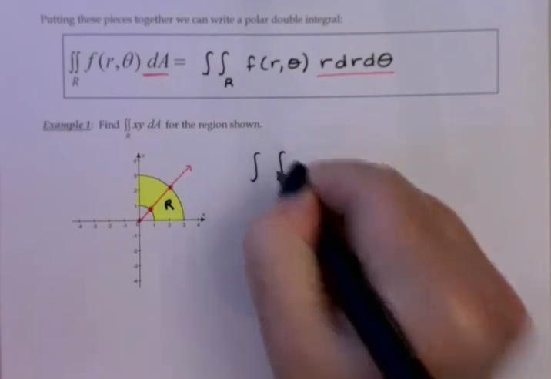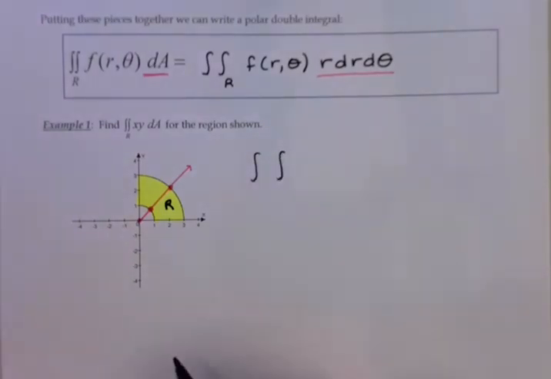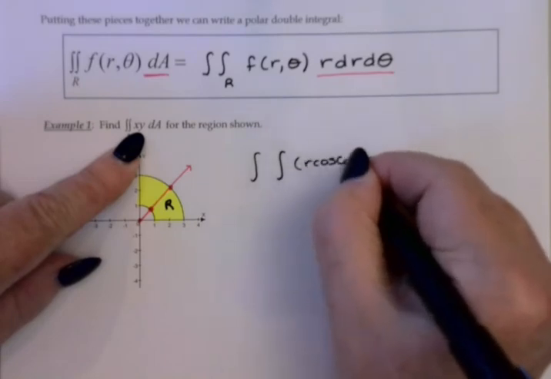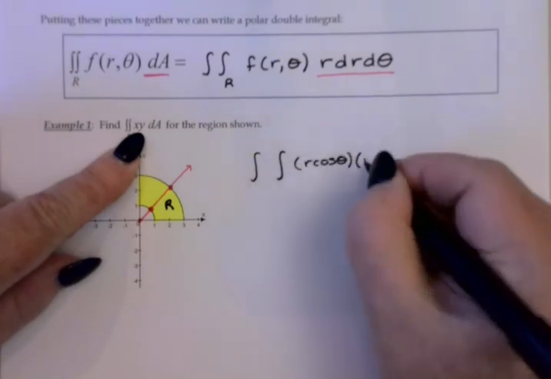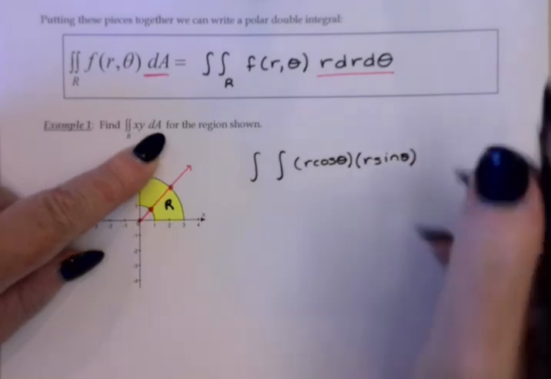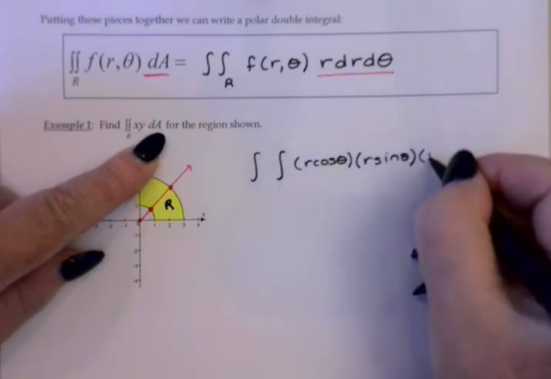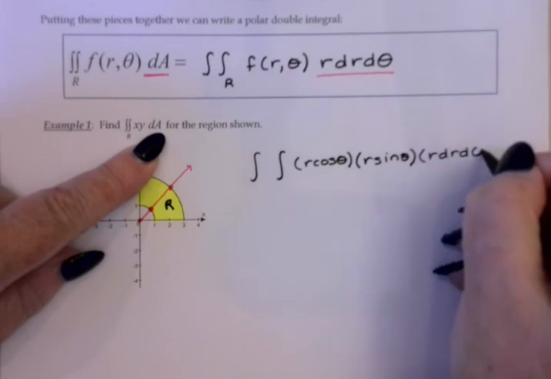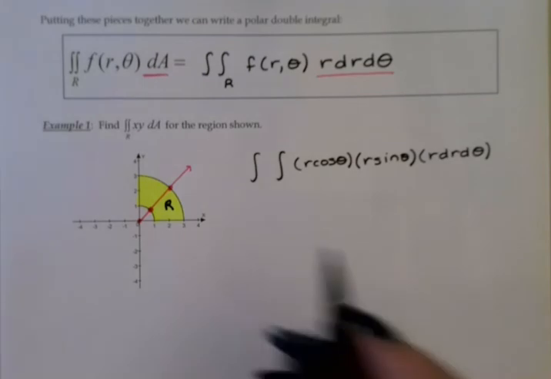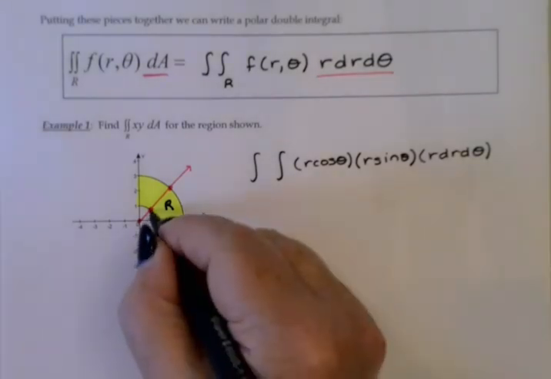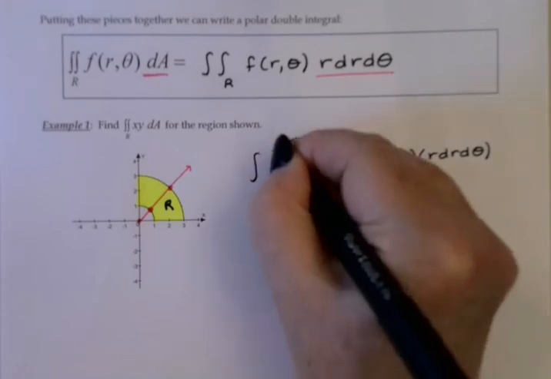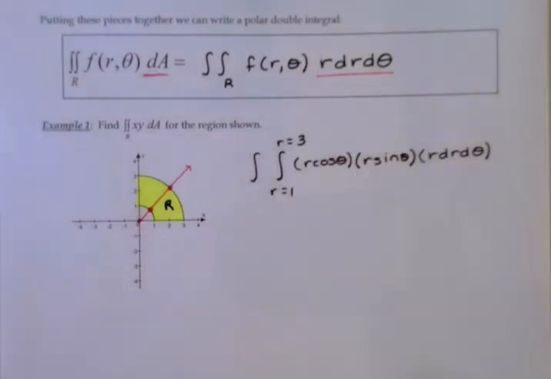I'll have my double integral. Since we've decided to go with polar, my x is r cosine theta times the y, which is r sine theta, times the dA, which we just said was r dr d theta. The radius goes from r equals 1 to r equals 3, the entry and exit points that we were just talking about.